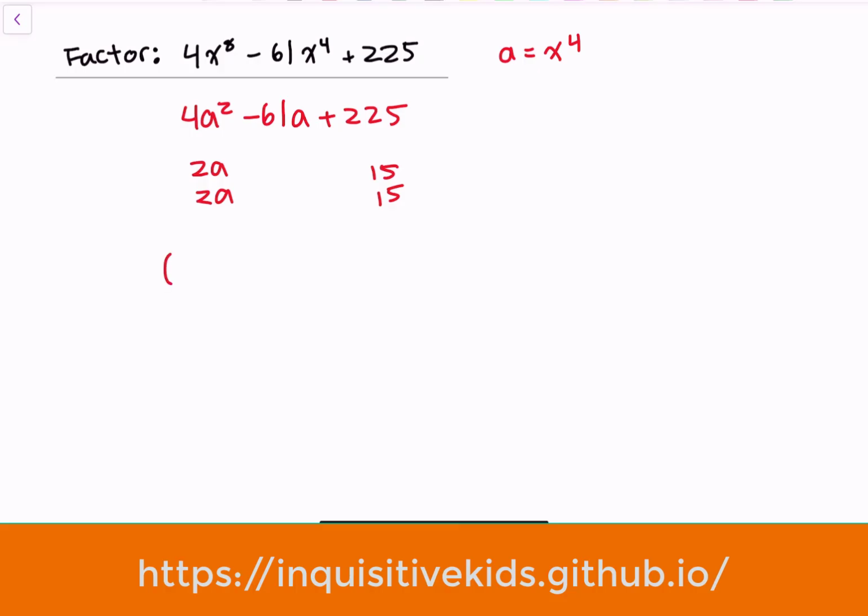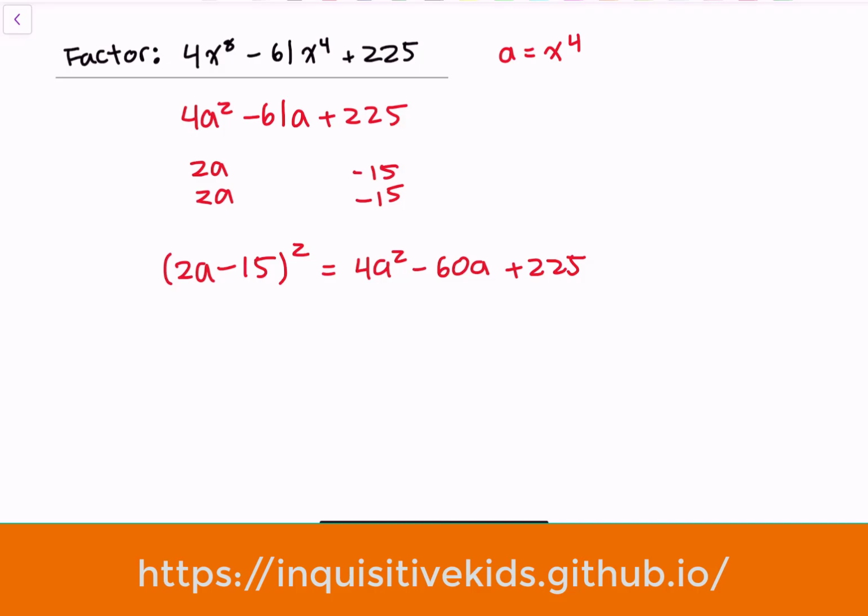If it was just 2a plus 15 squared, this expanded would be equal to 4a squared plus 60a plus 225. But of course, since we have a negative sign in the front, let's just make it a minus 15. So when we change that, it's 4a squared minus 60a plus 225.